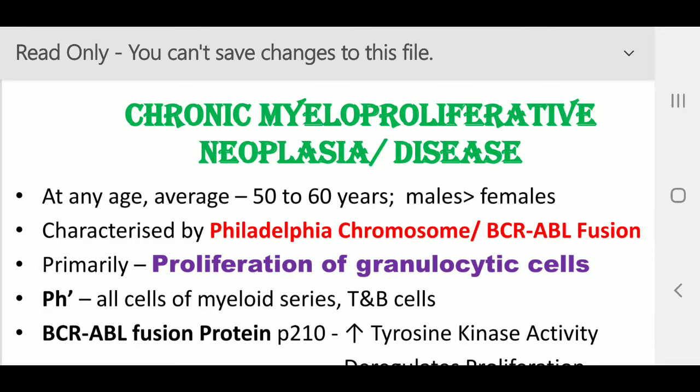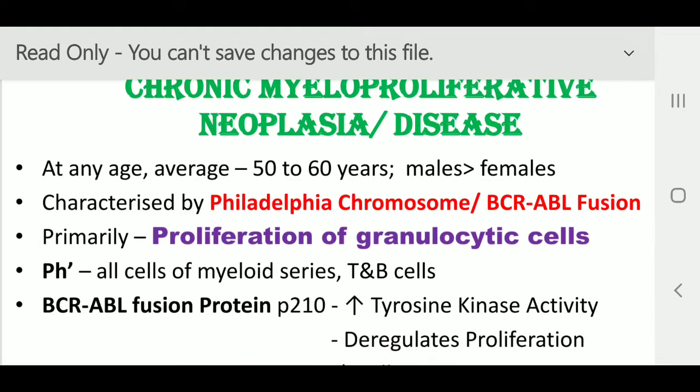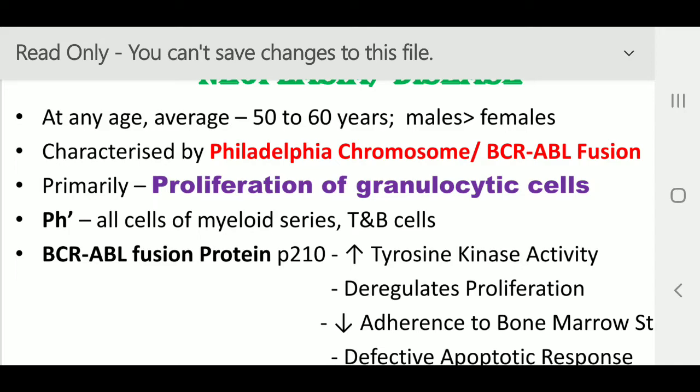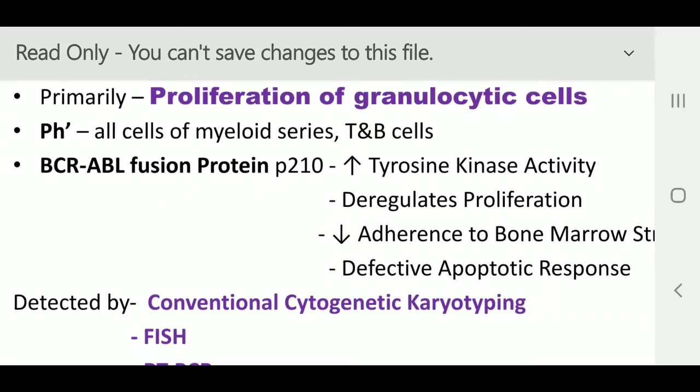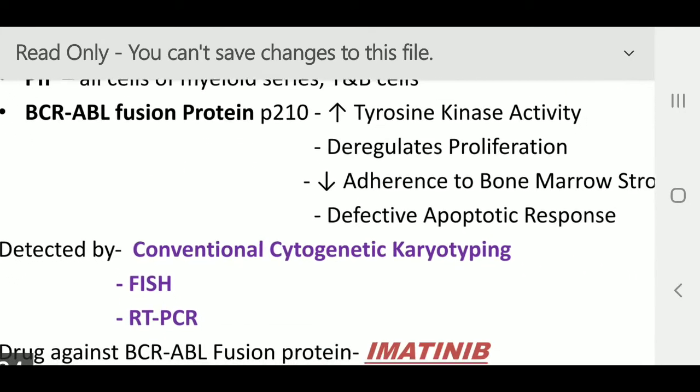Primarily, there is proliferation of the granulocytic cells. What are the granulocytic series? You start from the myeloblasts, the promyelocytes, then you have the myelocytes, the metamyelocytes, the band forms, the neutrophils, the eosinophils, the basophils. So here in CML, what you have is the proliferation of the granulocytic cells and the presence of the BCR-ABL fusion gene that leads to increase in tyrosine kinase activity, deregulation of proliferation and decreased adherence to bone marrow stroma.